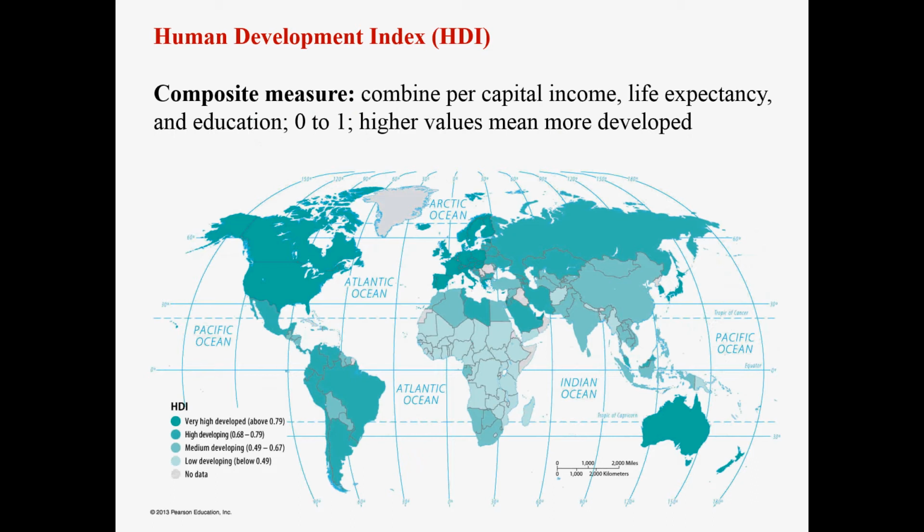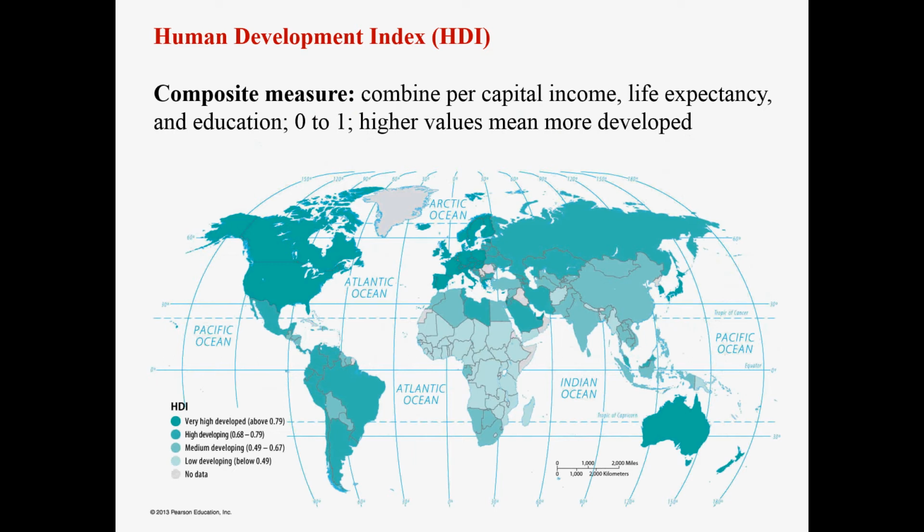This composite measure combines several important dimensions. One is per capita income, second is life expectancy, and third is education. Per capita income illustrates people's economic well-being.